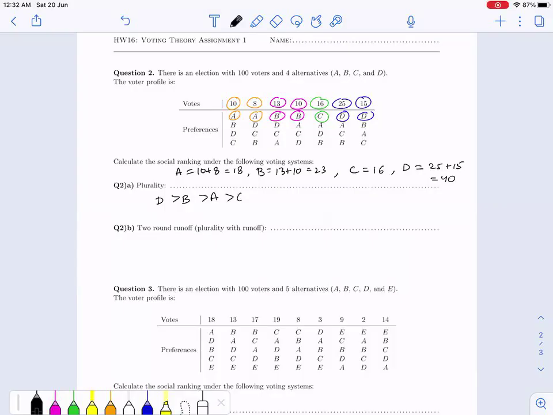For the 2-round runoff, in round 1, you only keep the top 2, D and B, and eliminate everything else. So eliminate A and C.